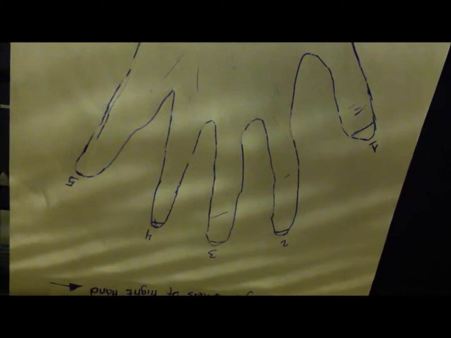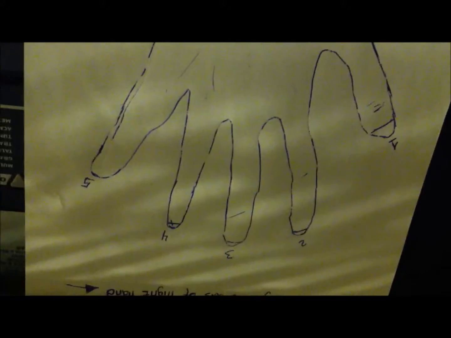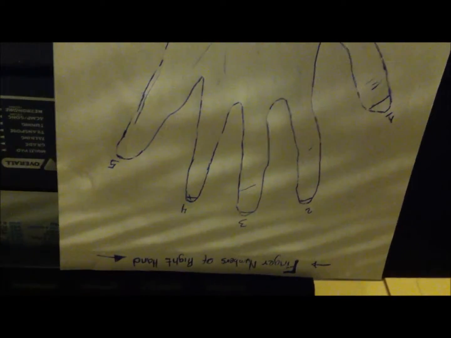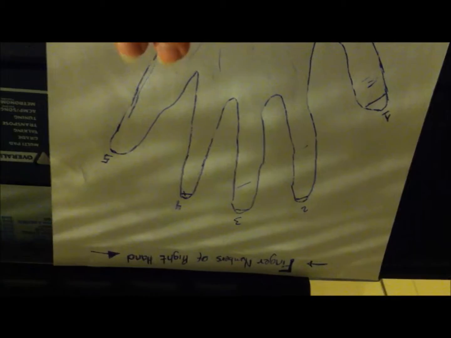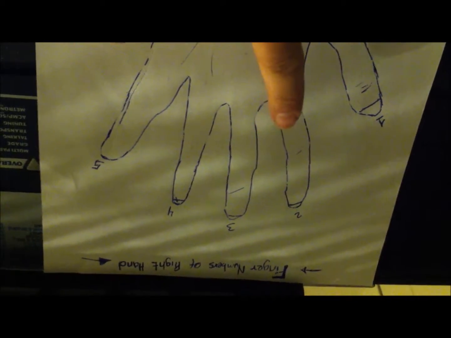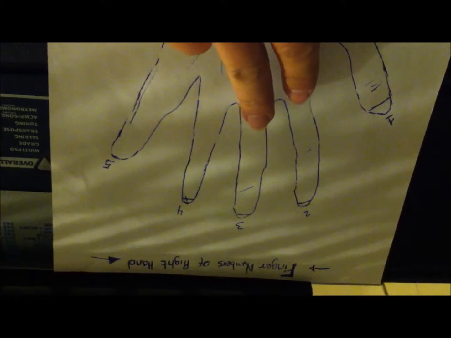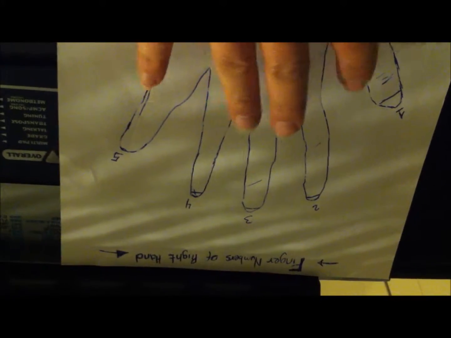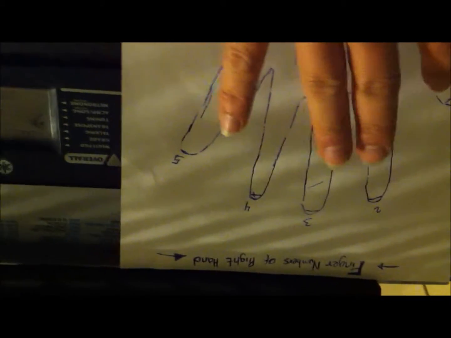So, lastly, before you start practicing the piano, you should be familiar with the number of the fingers you're going to play. Remember, we only play in a specific range, so we don't have to use both hands, only one hand, the right hand. So these are the finger numbers for the right hand. The thumb is number 1, number 2 is the index, number 3, the middle, number 4, the annular, and number 5 is the pinky.